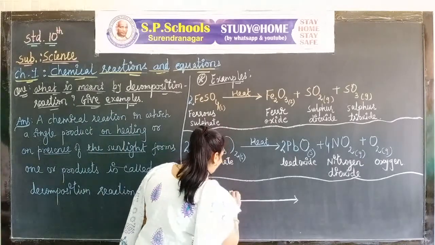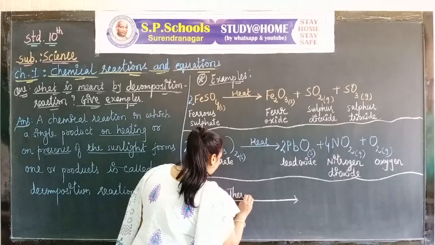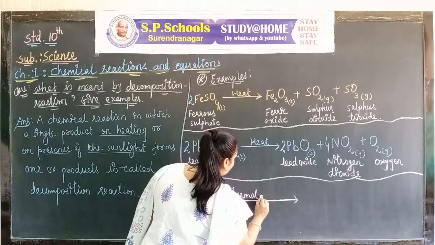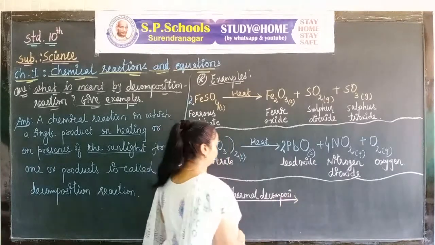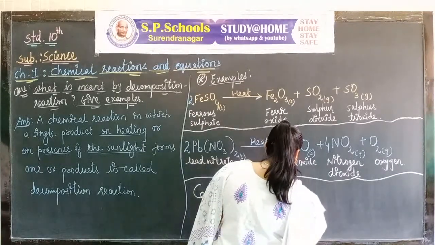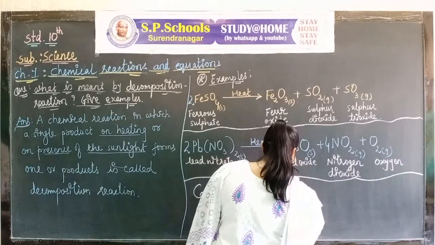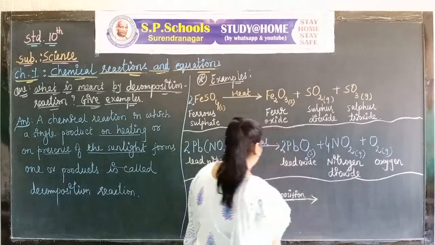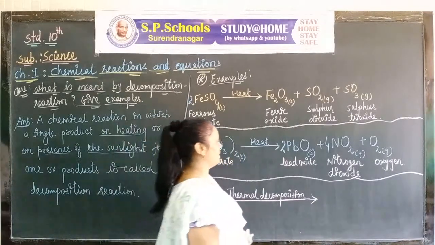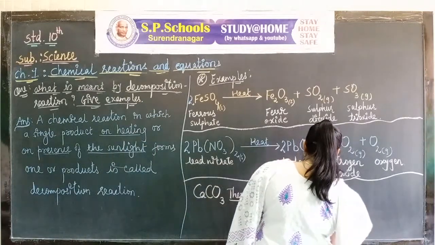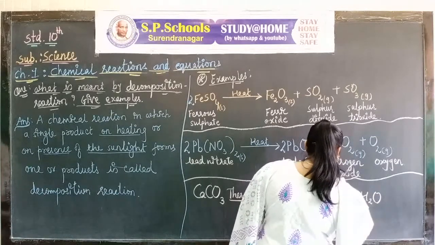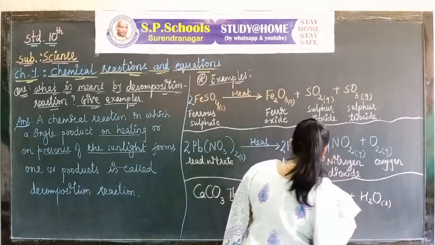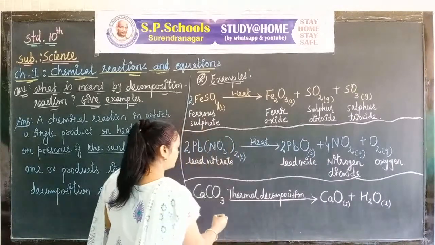It is also called thermal decomposition. When CaCO3 is heated, it is converted into CaO plus CO2. CaCO3 is solid, CaO is solid.